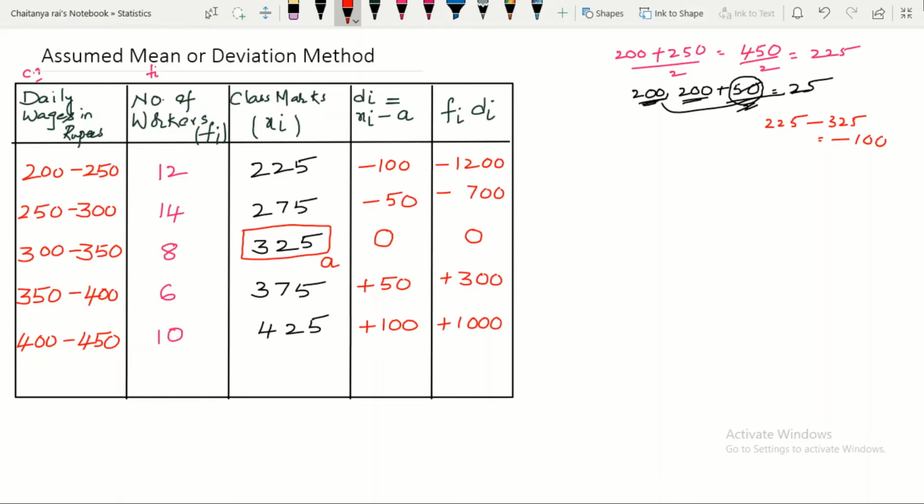We'll take the sums separately. The negative values, the sum of these two, we take as negative 1900. The positive ones we take as plus 1300. And in the problem itself, it is given that the number of workers is 50, which means sigma fi equals 50.